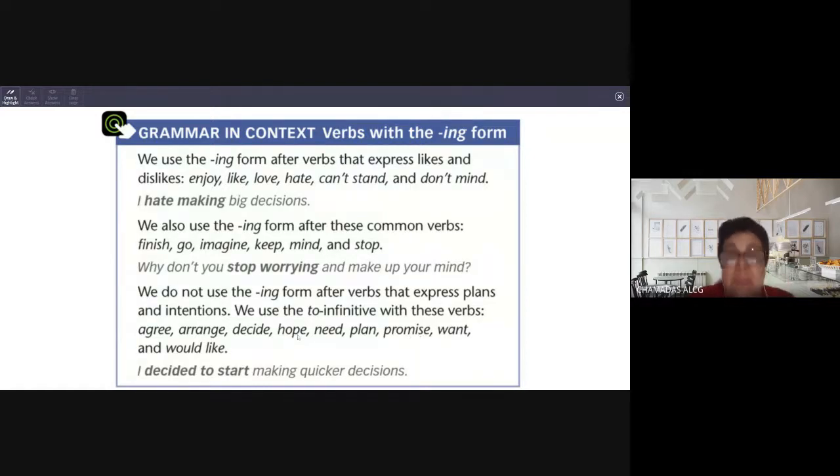So some examples of verbs that usually, and I mean all the time, take a to infinitive after them. Example: agree, arrange, decide, hope, need, plan, promise, want, and would like.